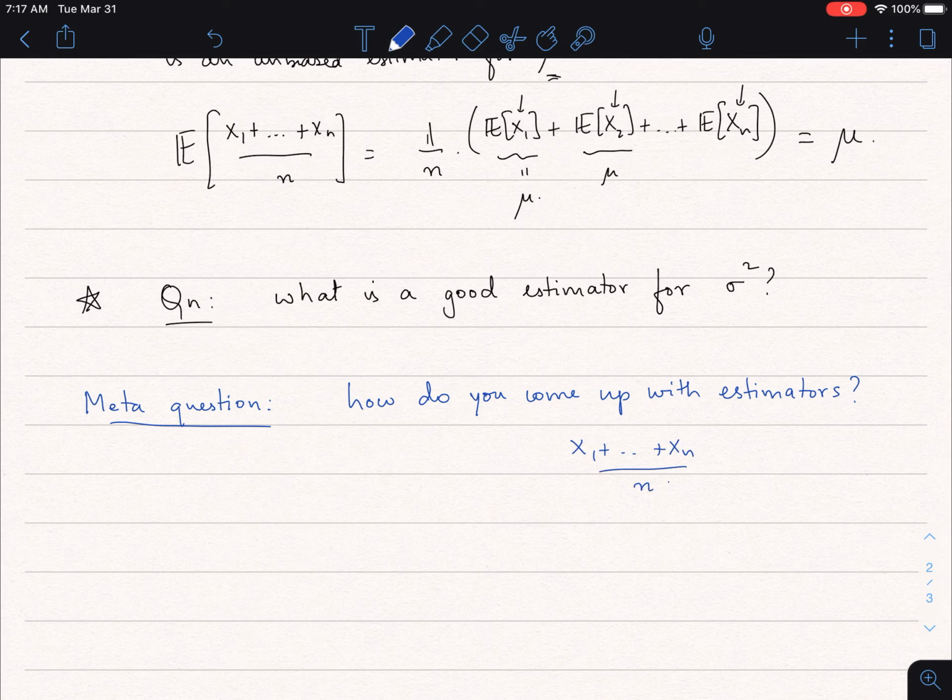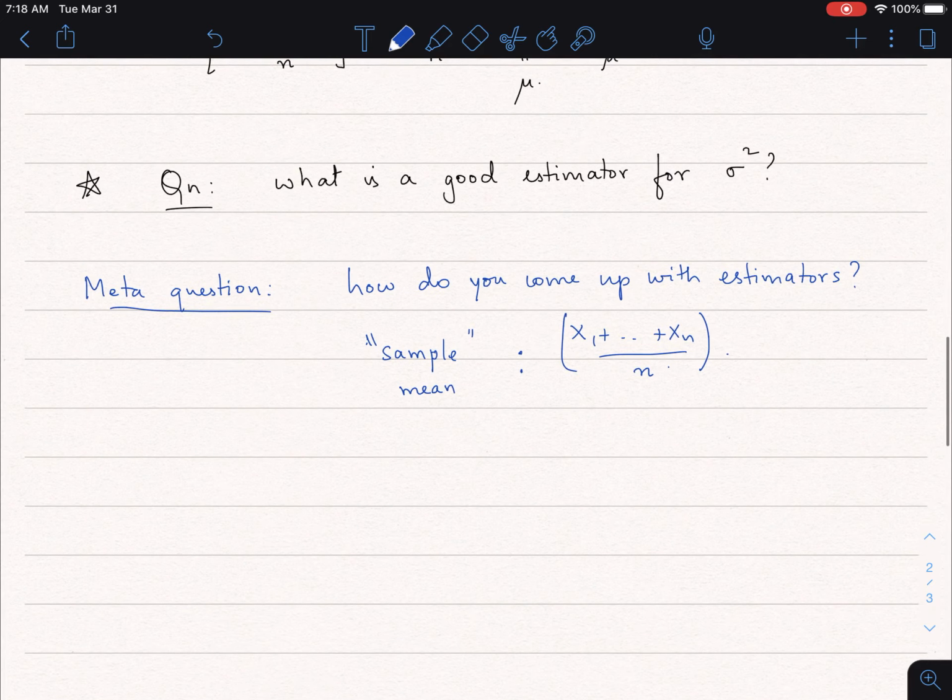If you'd like to estimate the mean of a distribution and you have a bunch of samples, the most natural one is just to take the average of the samples. This is what is called the sample mean. Is there some analog that you can have for the variance?